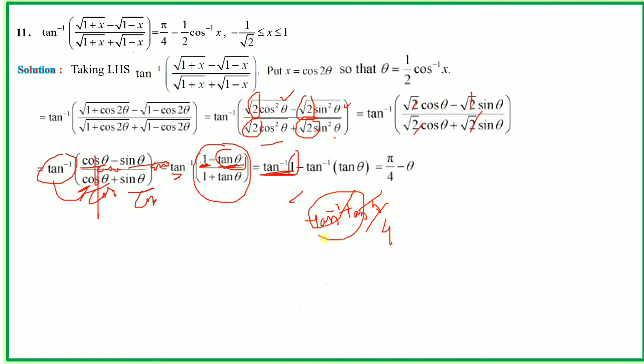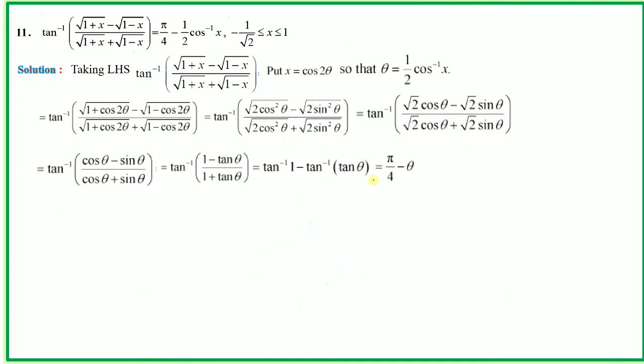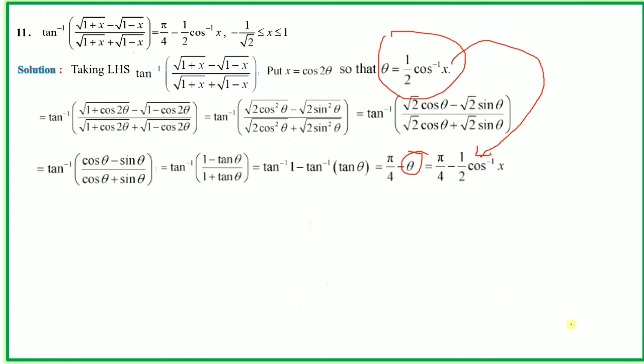Then tan inverse and tan are removed, so pi by 4 minus theta. Now one thing remains, the value of theta. It is equal to pi by 4 minus half into cos inverse x. With this we prove the right hand side, hence proved.